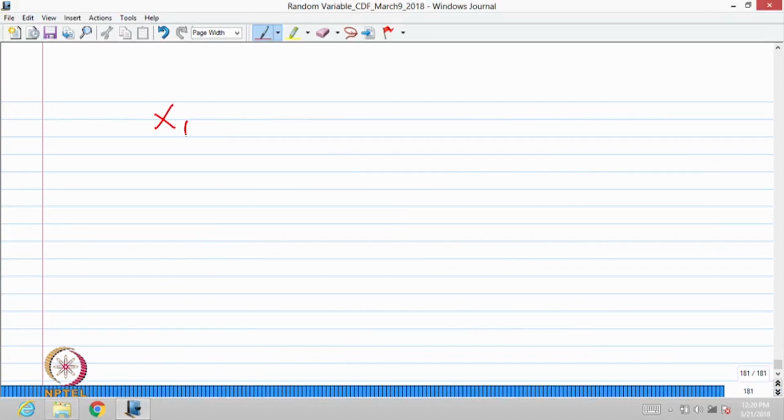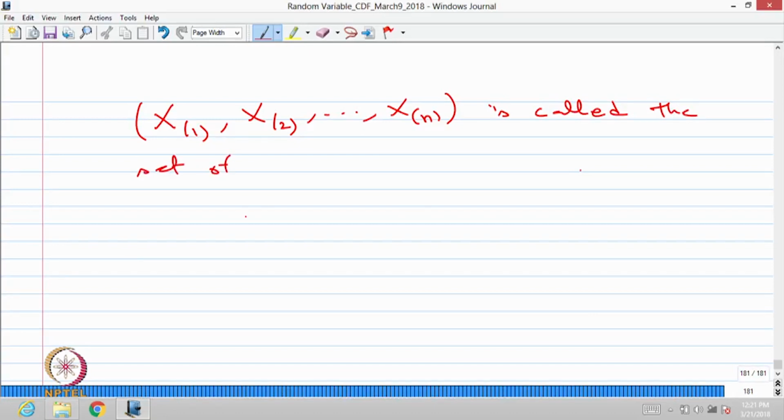Now, the capital X bracket 1, capital X bracket 2 and so on till capital X bracket n, that is called the set of order statistics for the random vector X1, X2, so on Xn.